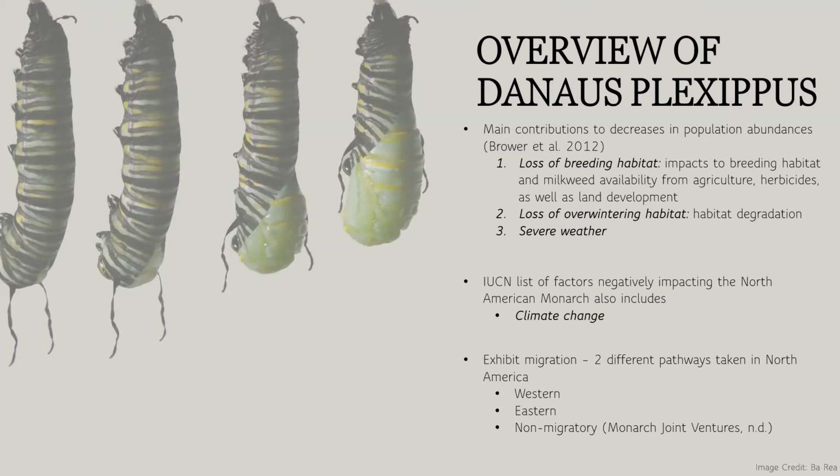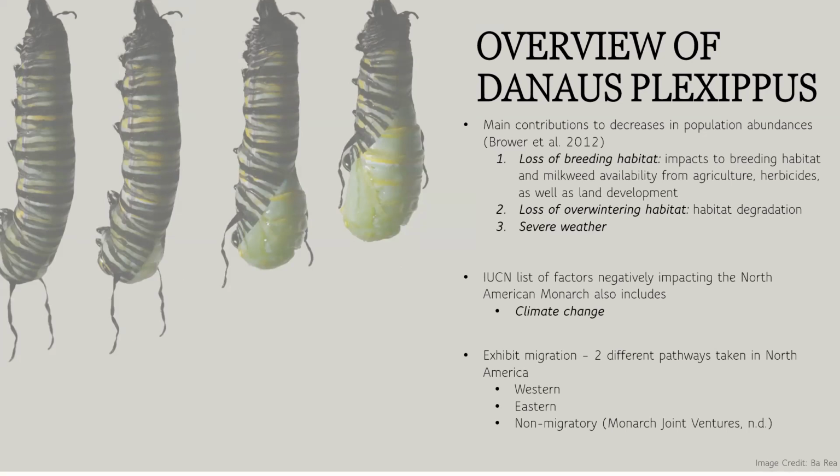The western migration makes their way to the coastal eucalyptus groves in California, and the eastern makes their way to Mexico. And there's also a small non-migratory population in Florida, Central America, and the Caribbean, which I did not know about until I started diving deeper on this topic. It's something that I will need to take into consideration since I'm taking observation data. I'll have to actually remove those observations in order to actually focus on just the migratory population.